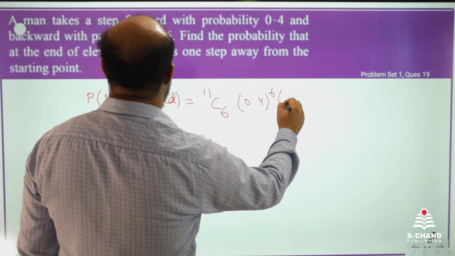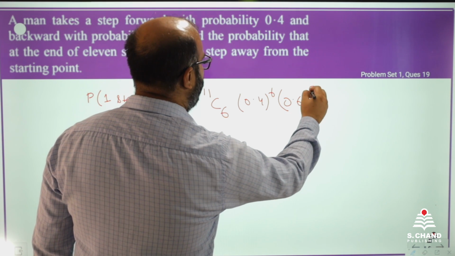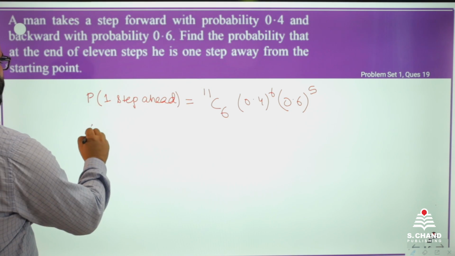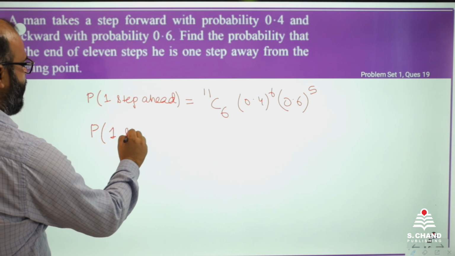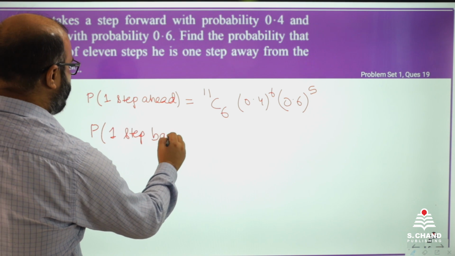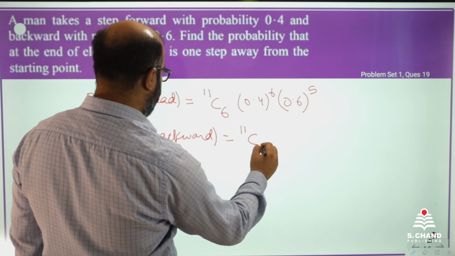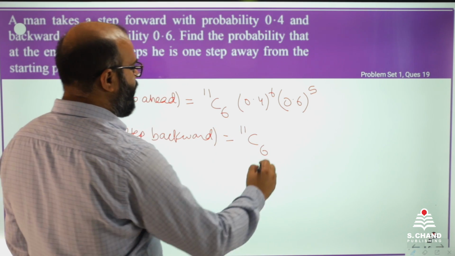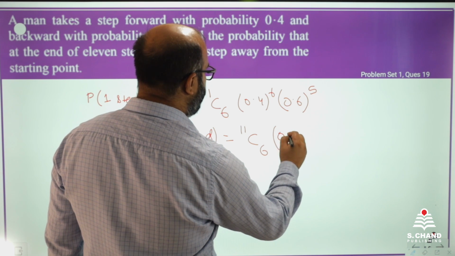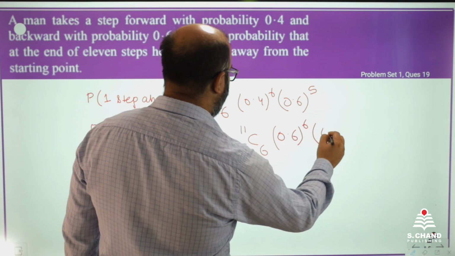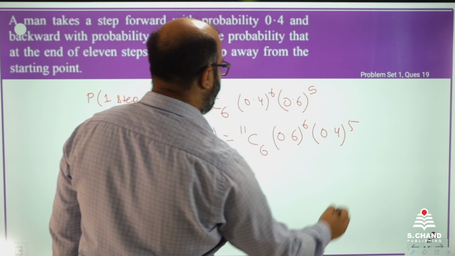And backward is 0.6. So 0.6 to the power 5. If we are saying that he has taken one step backward, it would be 11C6 here also, and it is 0.6 to the power 6 and 0.4 to the power 5.